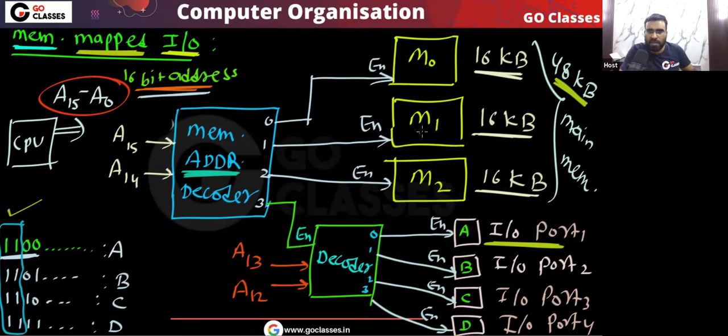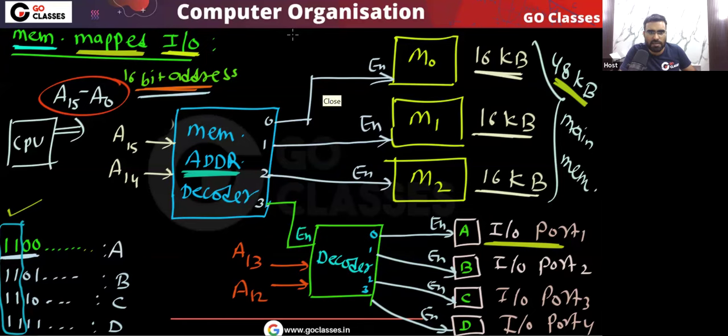And because the IO device and main memory are sharing the address space, that is the reason you can use the same memory instructions to access main memory and to access IO devices. You can use load store instructions. So you don't need new instructions for IO devices.